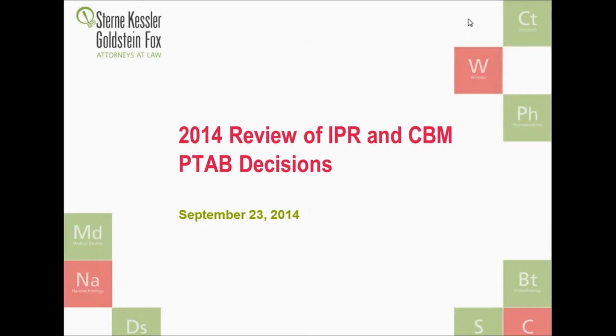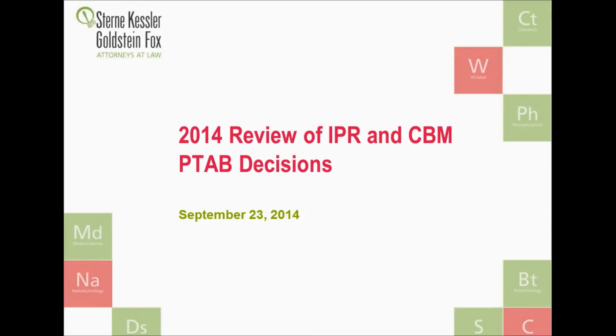For the purpose of today's webinar, we'd like to focus on a few hot topics. What we see here on the slides is a typical timeline of a trial. You see the pretrial phase, which goes from when the petition is filed through the decision on the petition.